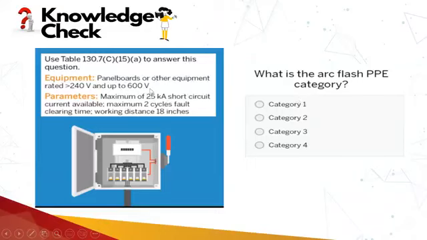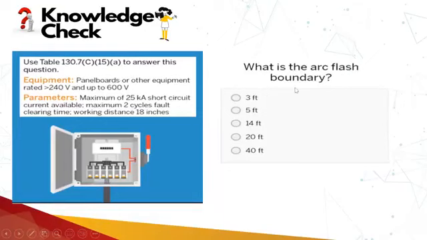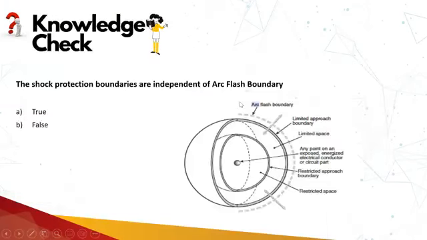And if it is matching exactly 240 and 600, as we have seen in the example before, that was PPE category 2. We will select PPE category 2 here, and the arc flash boundary is also given in the rightmost column, which is 3 feet. Okay.